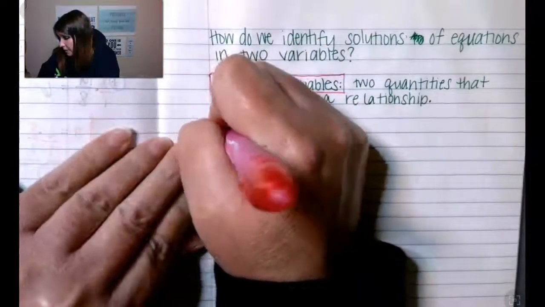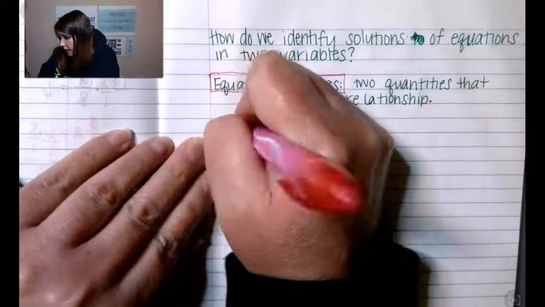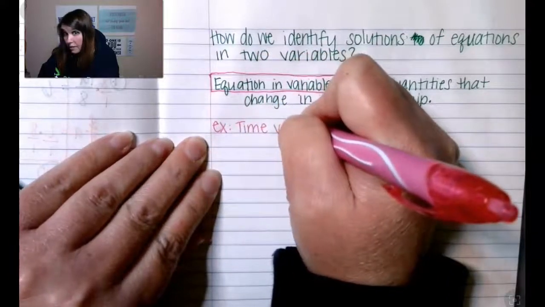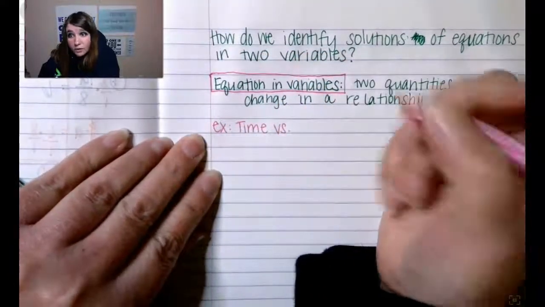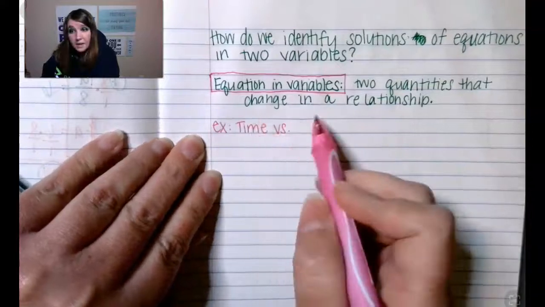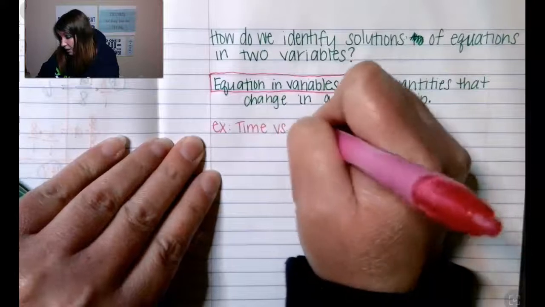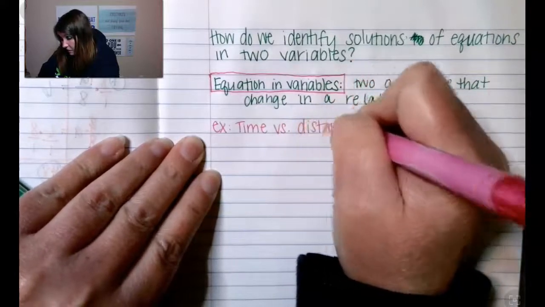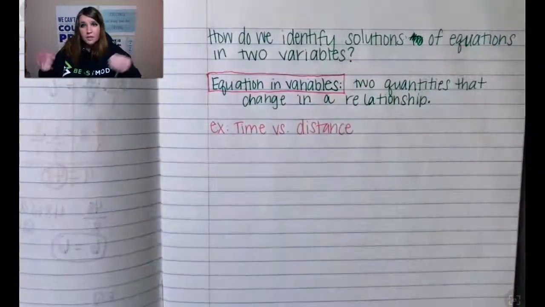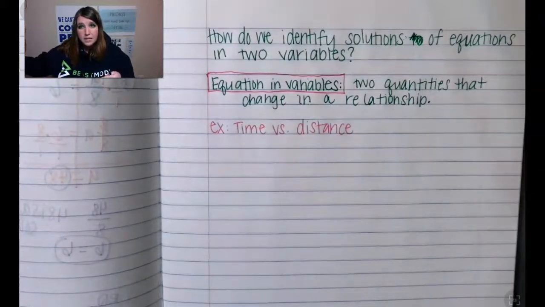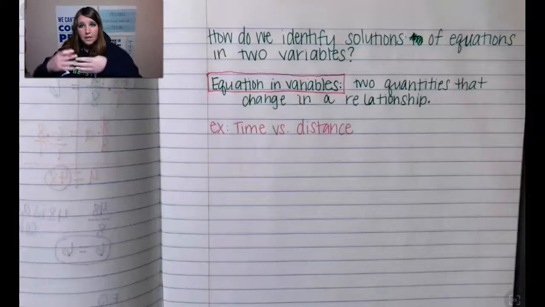So, for example, time versus like how far you go. So one part is time, the other part would be distance, how far you're going. I can travel this amount of time or this amount of miles in this amount of time. They go together. Their relationship is together.